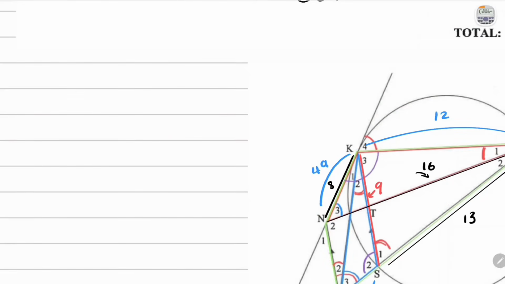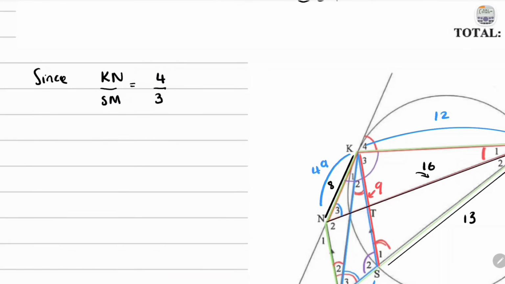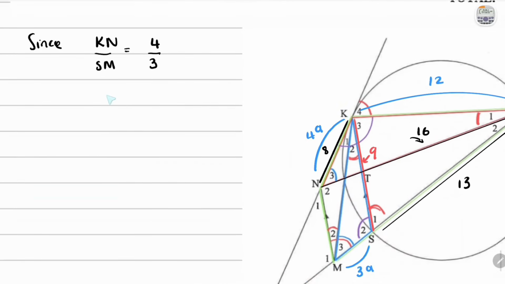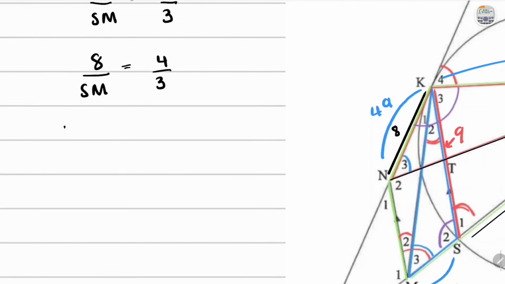So let's use this ratio as it is. Since KN over SM is equal to 4 over 3, then we're just looking for SM, knowing KN. So KN is 8 units over SM, and what we're looking for is 4 over 3. Now we can cross multiply. So 4 SM is equal to 24.